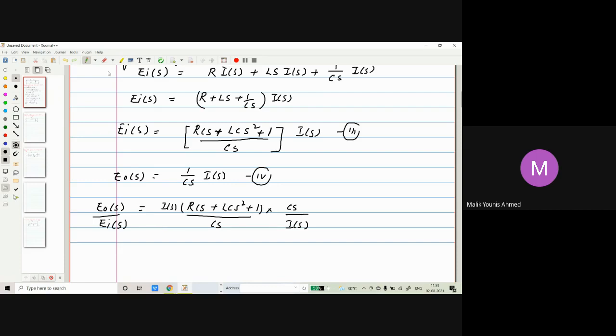Sorry, we have written it wrong. This should be E naught; E naught we have to take in the numerator. So E naught is I of s divided by Cs. Then we take the reciprocal of E_i, so that will be 1 plus RCs plus LCs square into I of s. So I of s and I of s get cancelled.